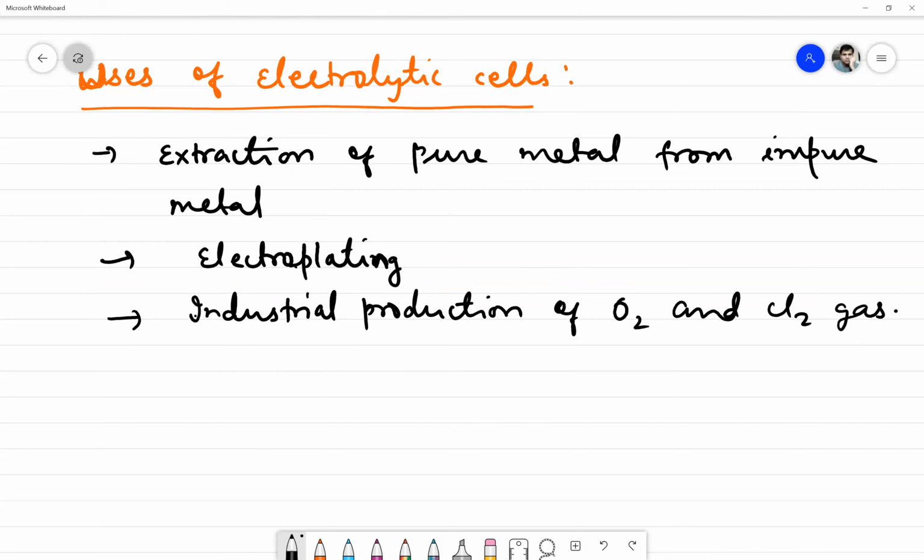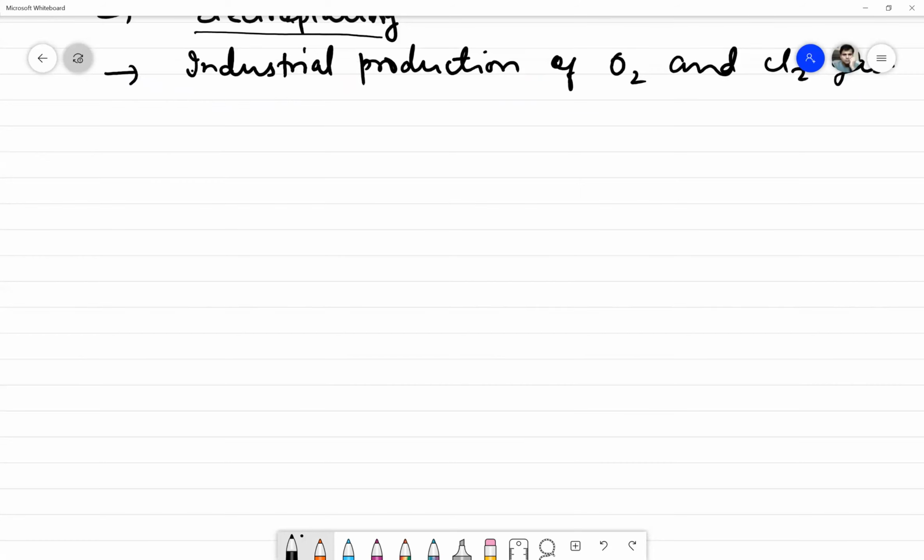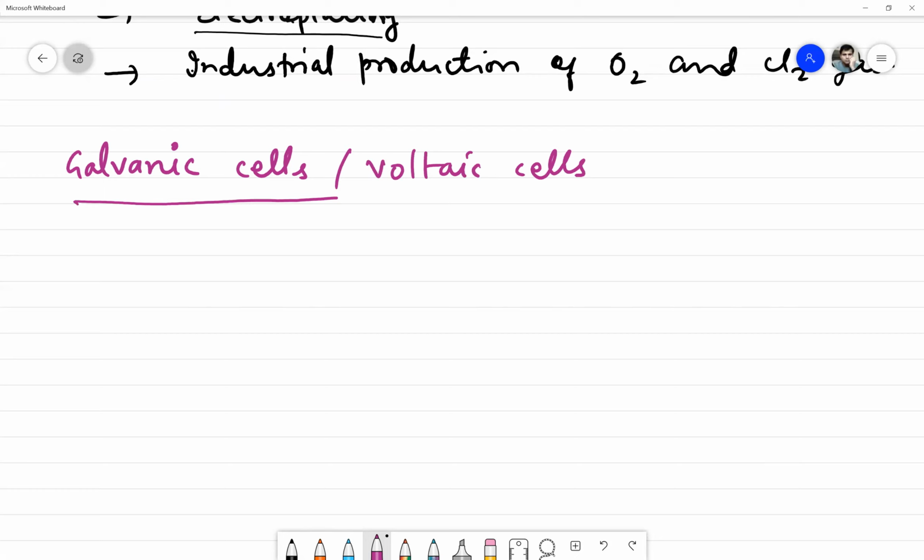Okay, now we will look at electroplating and all the uses of the electrolytic cell at the end of this chapter. So first let's try to understand the other type of electrochemical cells, that is galvanic cells. These cells are also called voltaic cells.